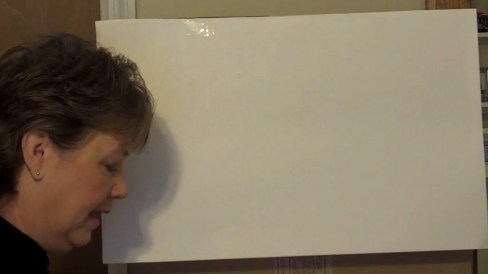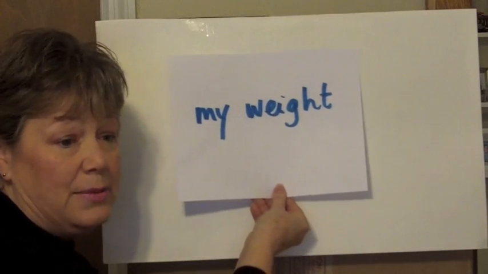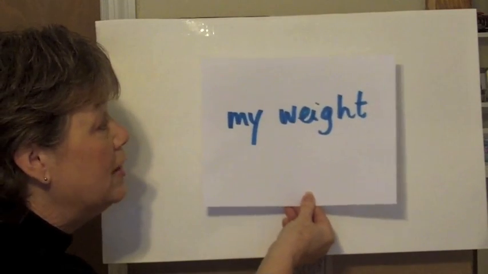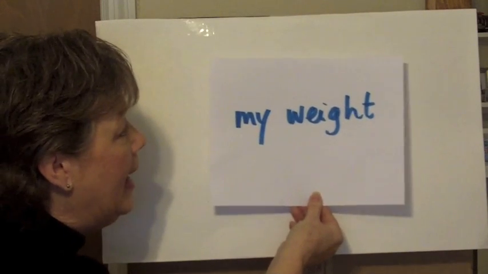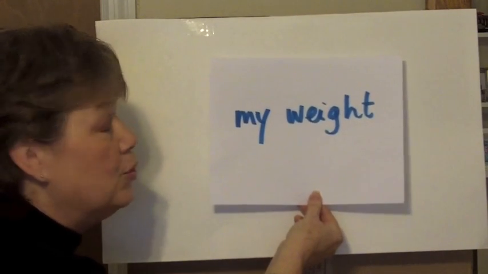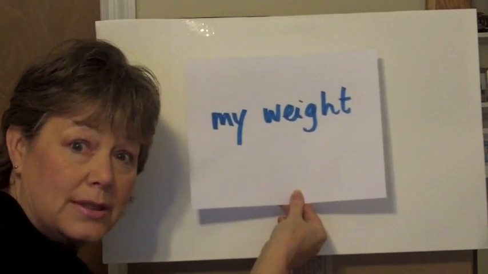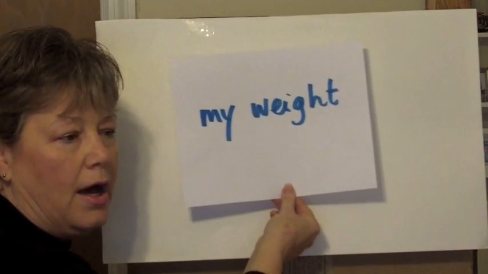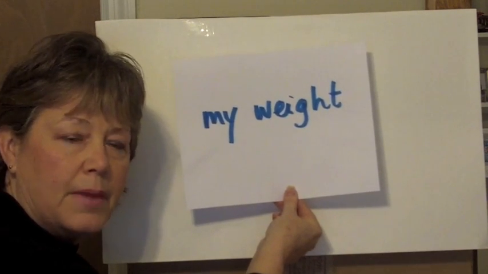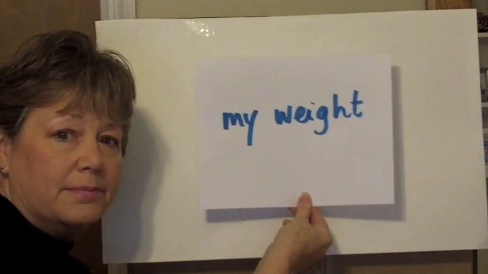What about if I was measuring my weight? If I was measuring my weight, I'd use some type of a scale to measure my weight. And if I was using customary, I would measure my weight in pounds. If I was using metric, I would use grams to measure my weight.